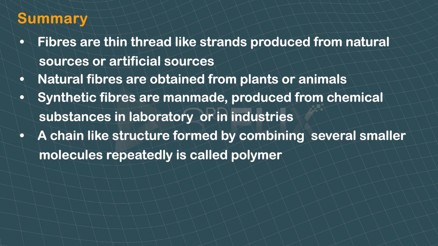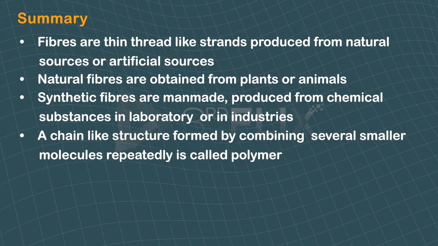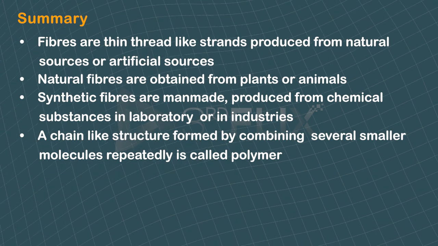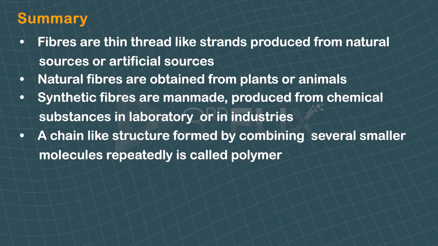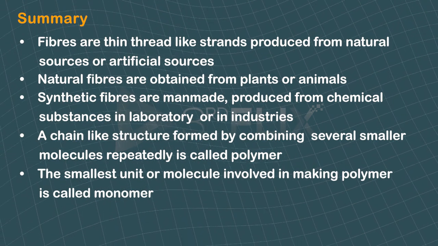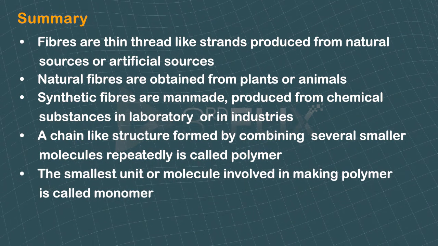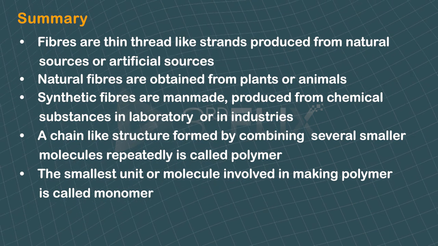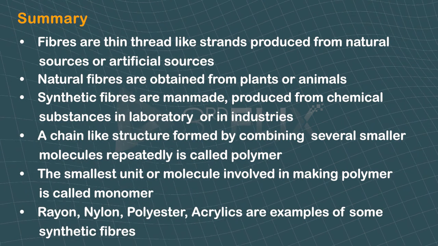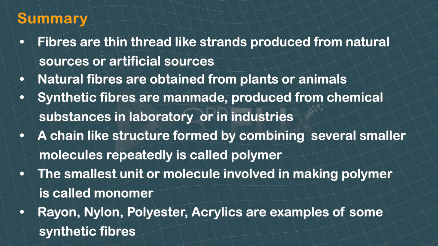A chain-like structure formed by combining several smaller molecules repeatedly is called polymer. The smallest unit or molecule involved in making polymer is called monomer. Rayon, nylon, polyester, acrylics are examples of some synthetic fibers.